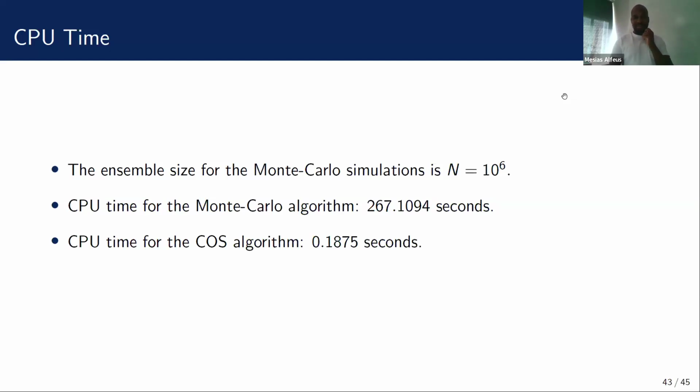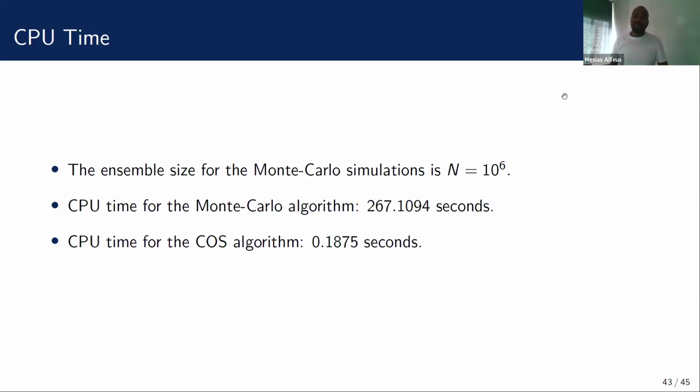The ensemble size was 10 to the power 6. The CPU time for the Monte Carlo is 267 seconds. For the cosine algorithm, it was 0.18. So we can see why, at least in this case, you would want to do the calculations using the cosine method.